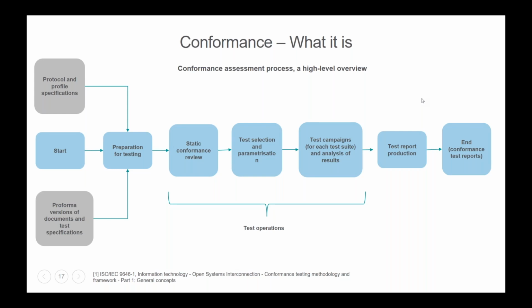The static conformance review compares the features and characteristics of the system against the requirements documented in its specifications. After the static conformance review, the dynamic conformance tests are selected and parameterized, and the selected tests are carried out. Finally, a conformance test report is produced based on the results of the static conformance review and the conformance log produced during the dynamic conformance tests.